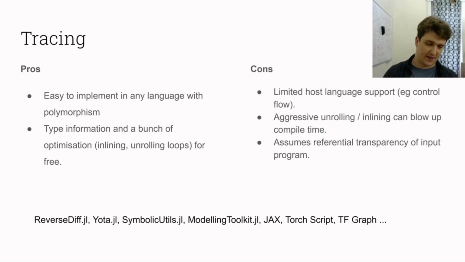So the fundamental limitation of this kind of approach is that it does lack support for a lot of important things like control flow. If you have a for loop where the number of loop iterations depends on your input data, that will fail. If you have things like println statements for debugging, or even just using a debugger generally, you're going to find that those things execute at compile time, at least the compile time of the DSL, which is the runtime of the host language, whether that's Julia or Python.